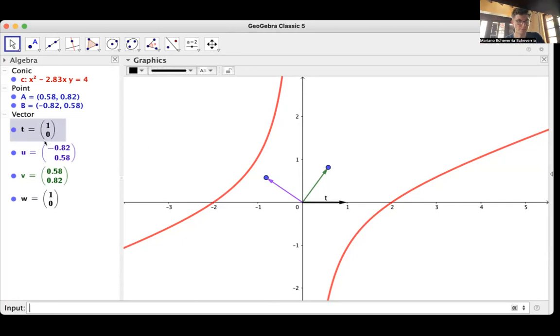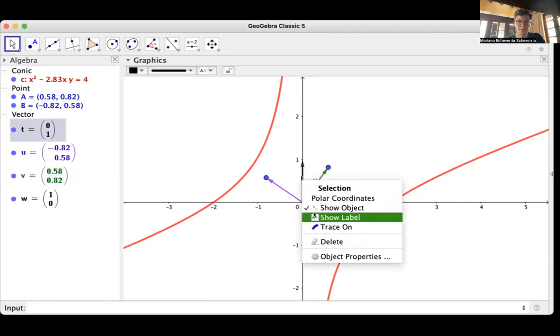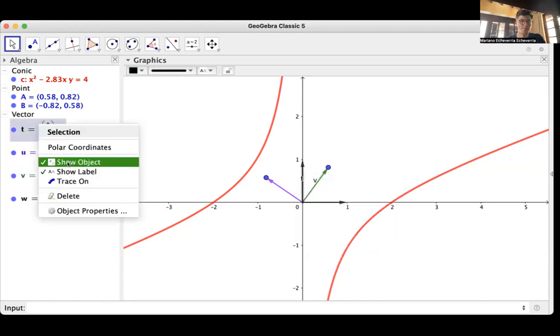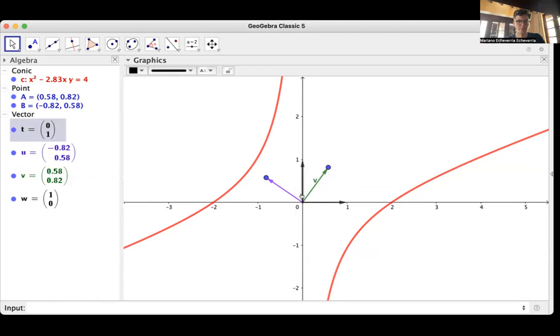Oops, sorry, 0. And this other vector by 55. So each of these black vectors was rotated by 55 degrees, and that's roughly how you get to the purple and green ones.